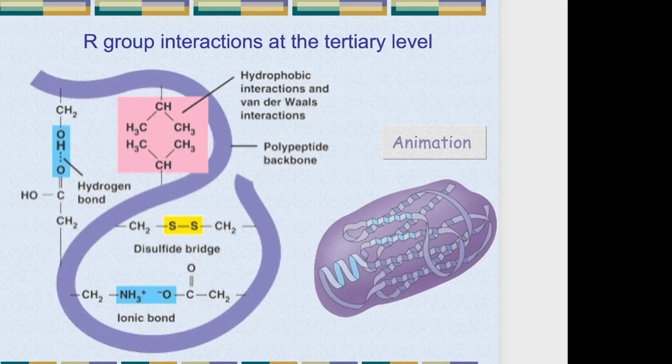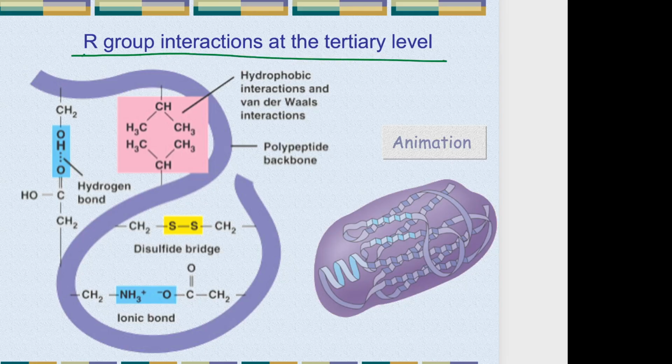What holds it together? Well, this is where those R groups that we spent a lot of time talking about, whether they were hydrophilic or hydrophobic, come into play. So R group interactions is what holds together the third level of folding.